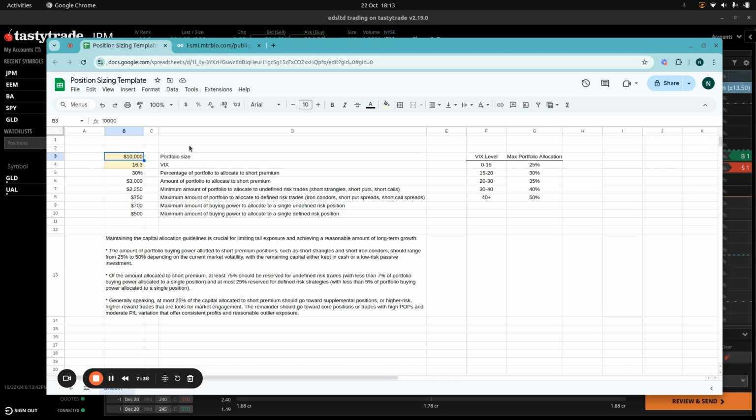You enter in the size of your portfolio, you enter in what the current VIX level is, and below that, it will tell you exactly how you need to break down your portfolio. And as long as you stick to this, you'll be fine over the long term. No one thing will wipe you out as long as you're also staying diverse, of course.